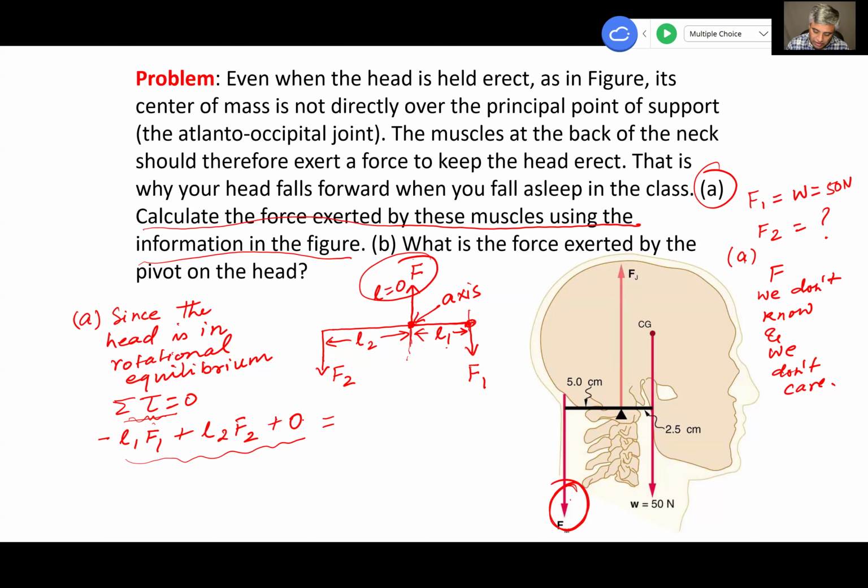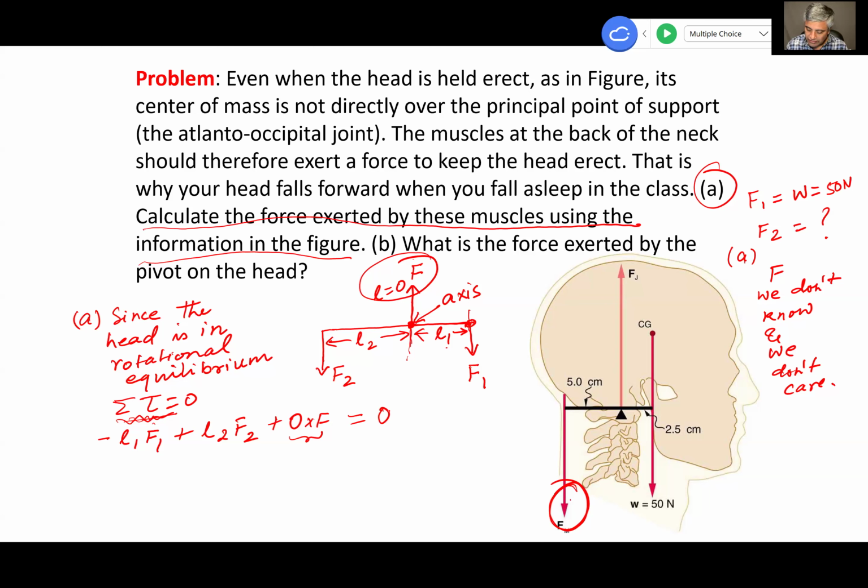Since that term is 0, you can even ignore it and just write these two. That's the left hand side, the sum of torques, and the right hand side is 0 because it is in rotational equilibrium.